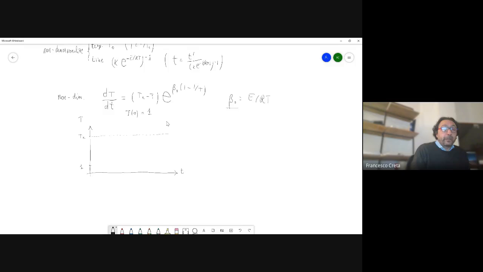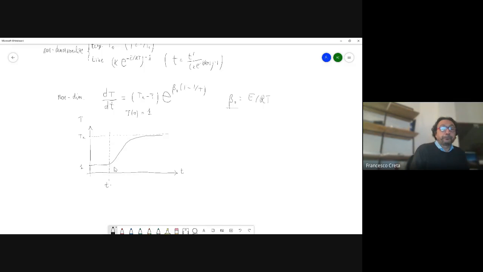So if you integrate this, you will have this sort of behavior, where essentially the temperature will remain constant and very close to the initial temperature at the beginning. And we call this kind of initial time an ignition time.